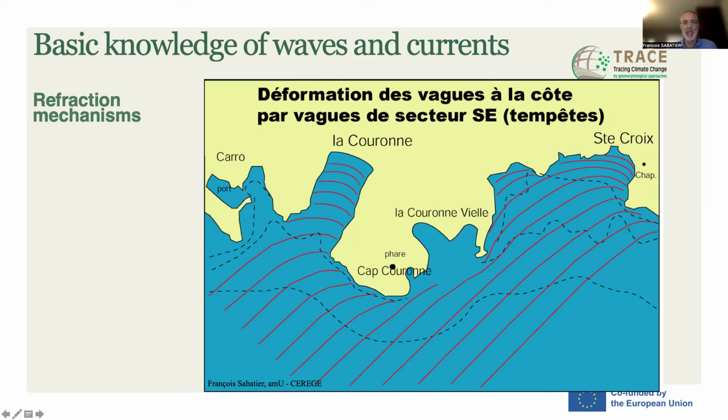What we can do when we have these results is to build something that can represent the wave energy. You should keep in mind that refraction has a very important influence on the wave direction. You see that there is a change of wave direction.